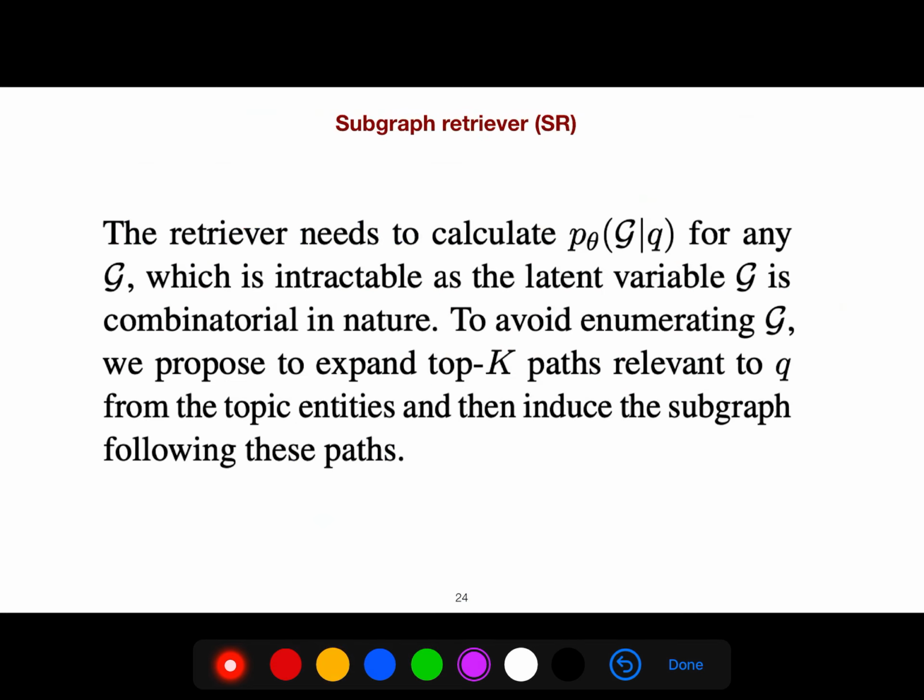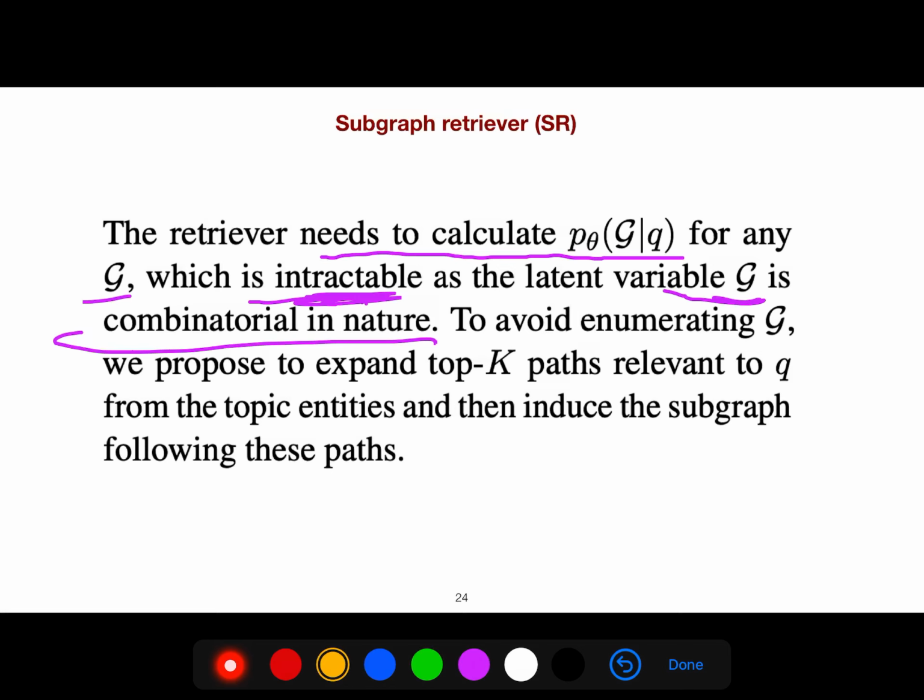And then you have subgraph retriever. And so the retriever needs to calculate this P theta for any graph. Because it is intractable, because the latent variables are combinatorial in nature, as I said.